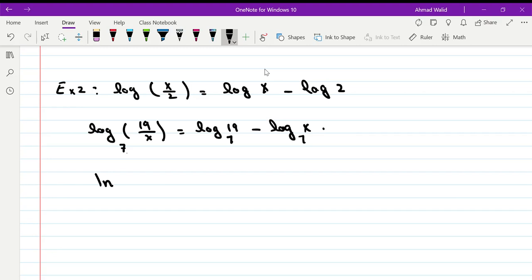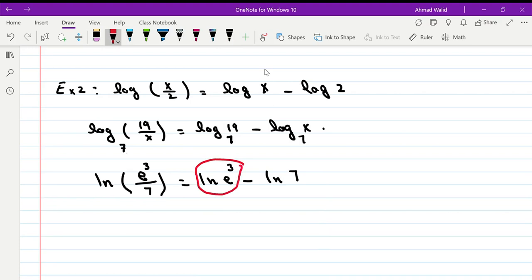ln of e to the power of 3 over 7. Again, apply the quotient rule. It will be ln of e to the power of 3 minus ln 7. But look at the first part of the problem. The first part of the problem is the power rule.